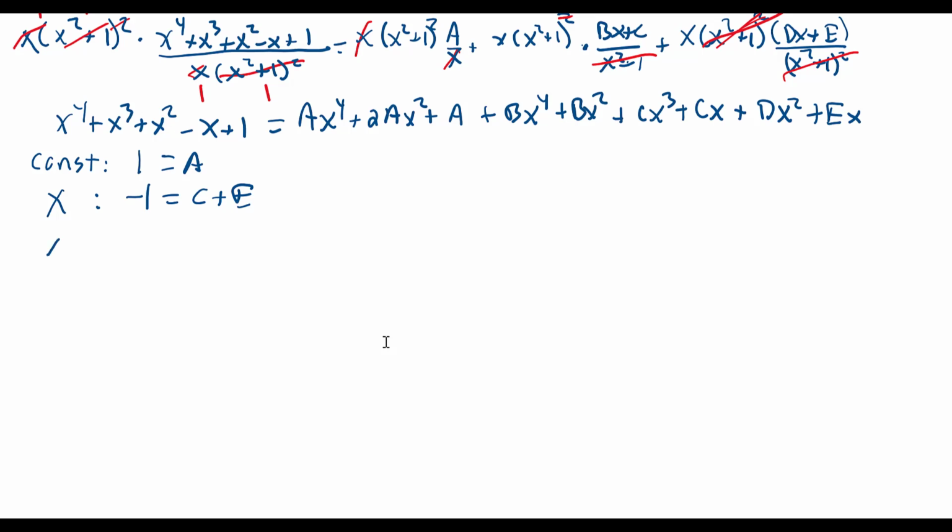And then for our x squared, we have a 1 on the left. And on the right, I have a 2a plus a b plus a d. Then we have an x cubed. On the left, I see a 1, and on the right, I see a c.